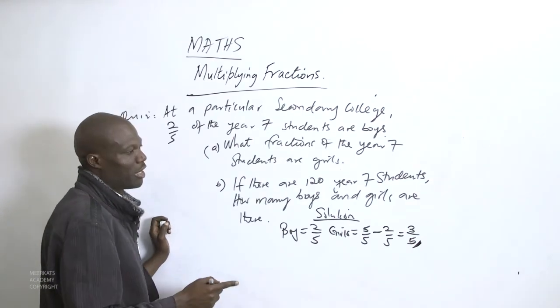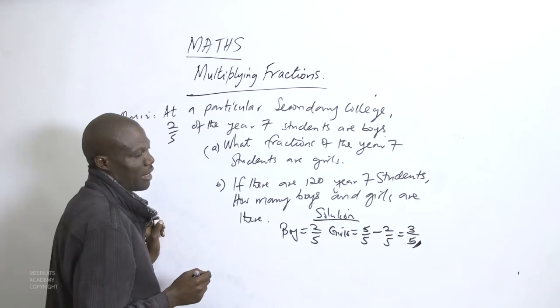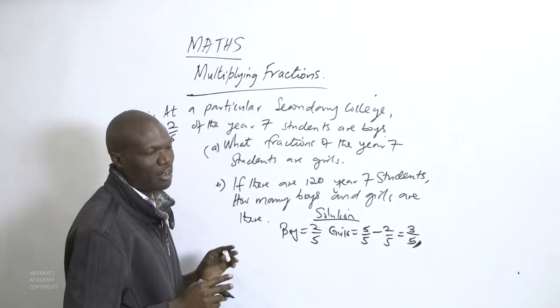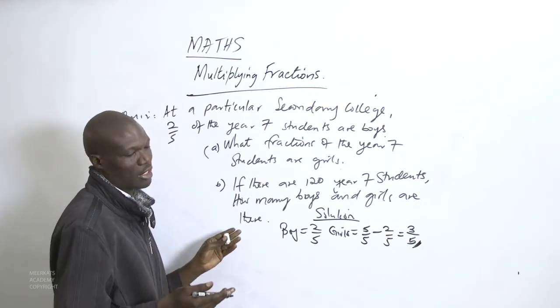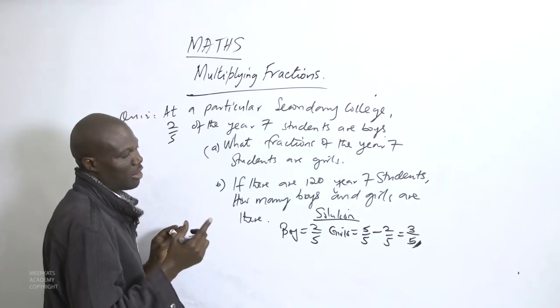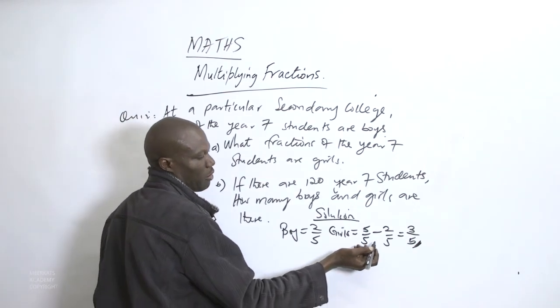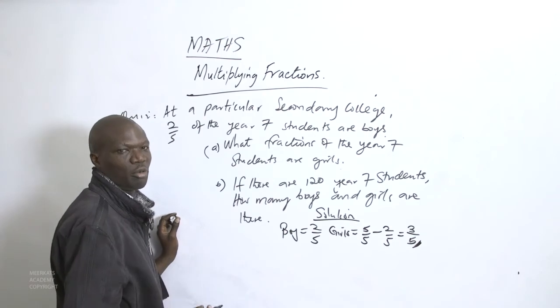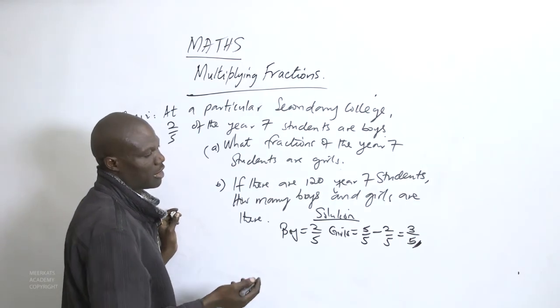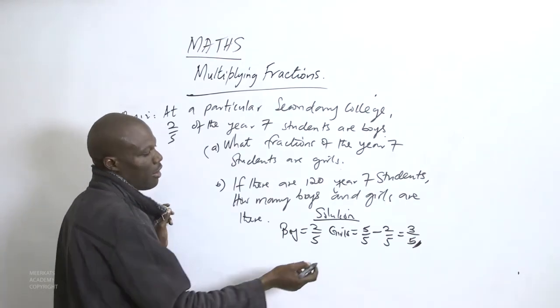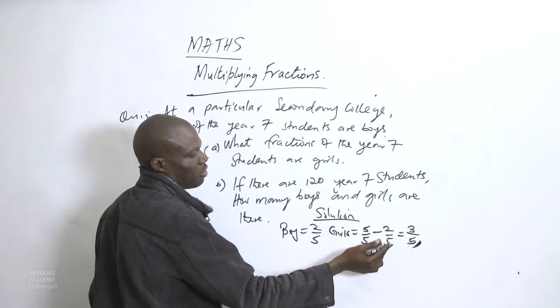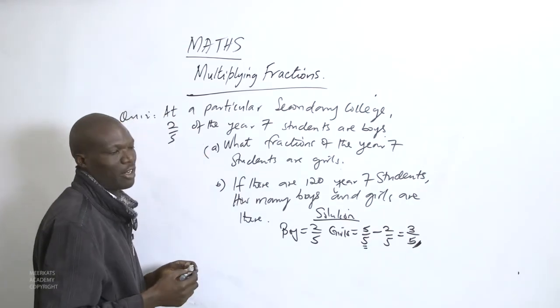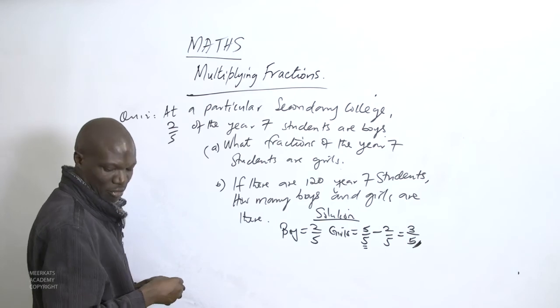You are either a boy in that class or a girl. We do not have a third alternative to which we can assign a fraction. So because there are only 2 options, we subtract the boys' fraction from the total class, which represents a whole, 5 over 5 minus 2 over 5, which gives us 3 over 5.